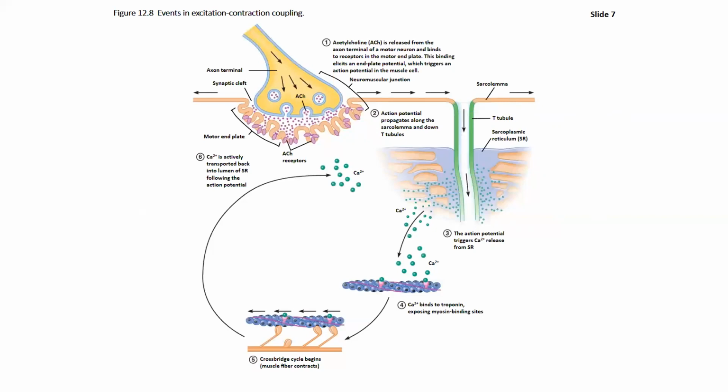It's going to require active transport, right? It needs to go against its gradient, so it's going to require active transport. And that's where the calcium ATPase pump comes in. So there's a pump on the membrane of the SR that is actively pumping calcium back into the SR, right? It has to go against its gradient here. So now it needs ATP.